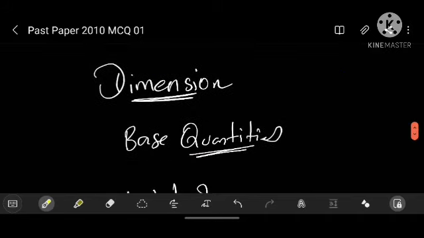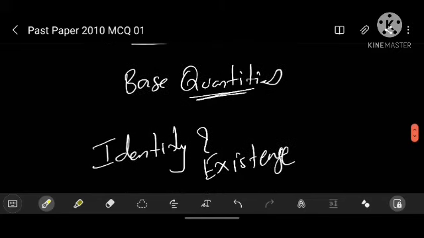Let's now talk about dimensions. So what are dimensions? For this, don't take your notebook or syllabus and just read the definitions. To understand science, you have to study the examples.